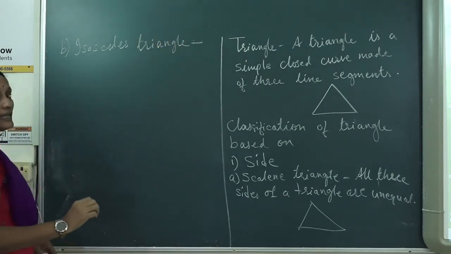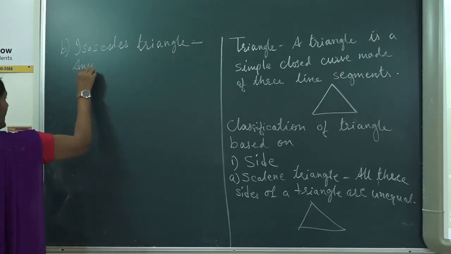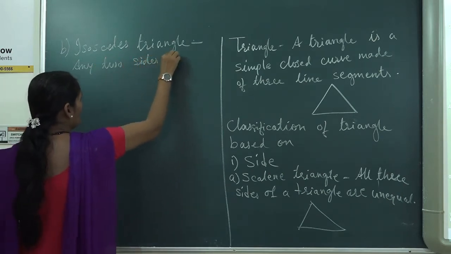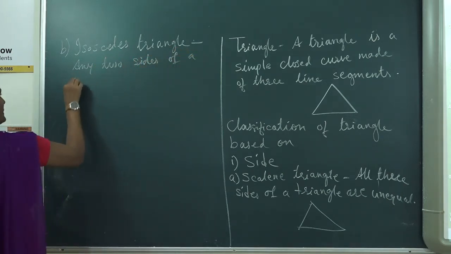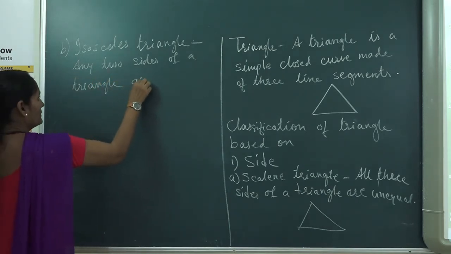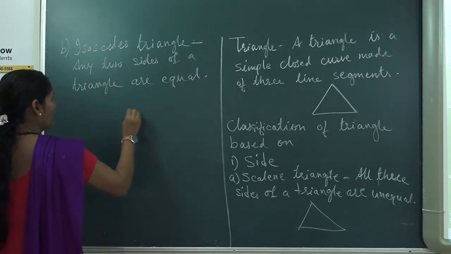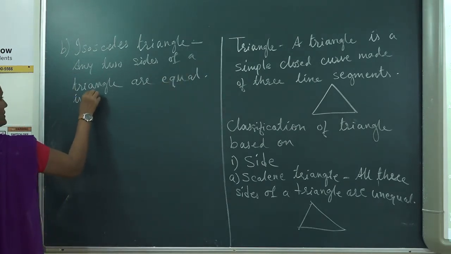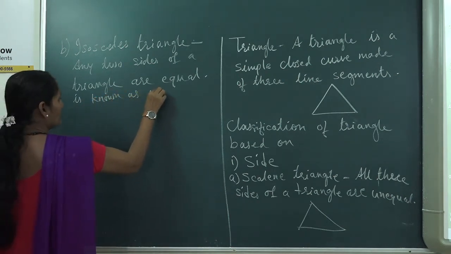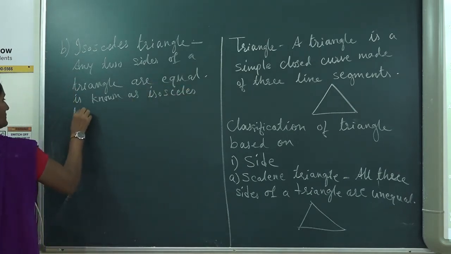Okay, in isosceles triangle, any 2 sides of a triangle are equal. Any 2 sides of a triangle are equal is known as isosceles triangle.